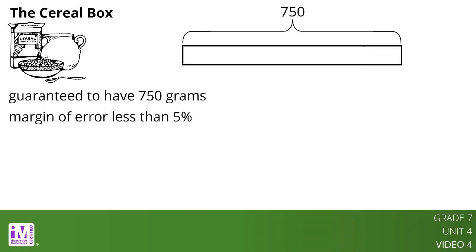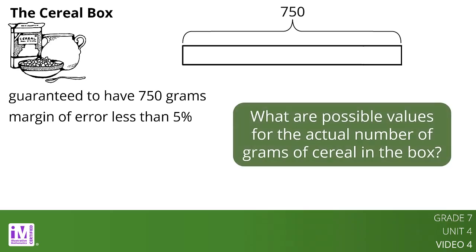Percent error is also used to express a range of possible values. For example, if a box of cereal is guaranteed to have 750 grams of cereal with a margin of error of less than 5%, what are possible values for the actual number of grams of cereal in the box?